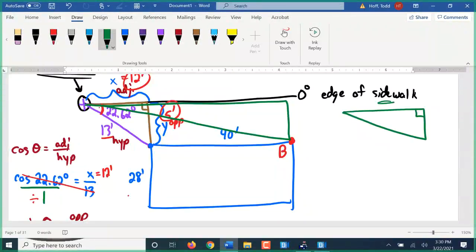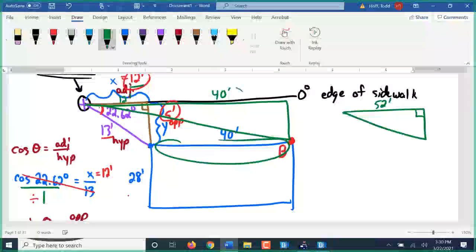What do I know about the length of this side up here? 40 feet, 12 feet, right? The building here is 40 feet, that means this has to be 40 feet.